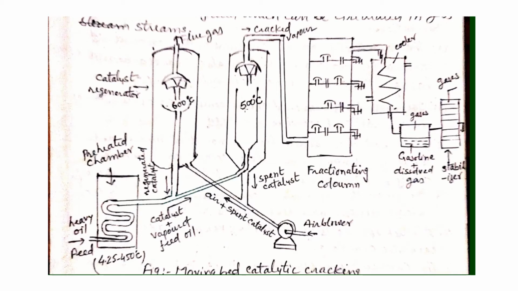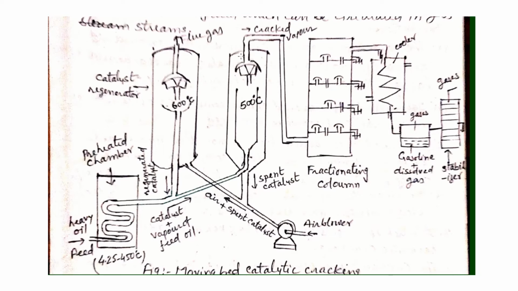As you can see, heavy oil is fed into this preheating chamber where the temperature is 425 to 450 degrees centigrade. At this temperature the heavy oil comes out as vapor phase, travels and comes here, and from the hopper we are feeding the catalyst.